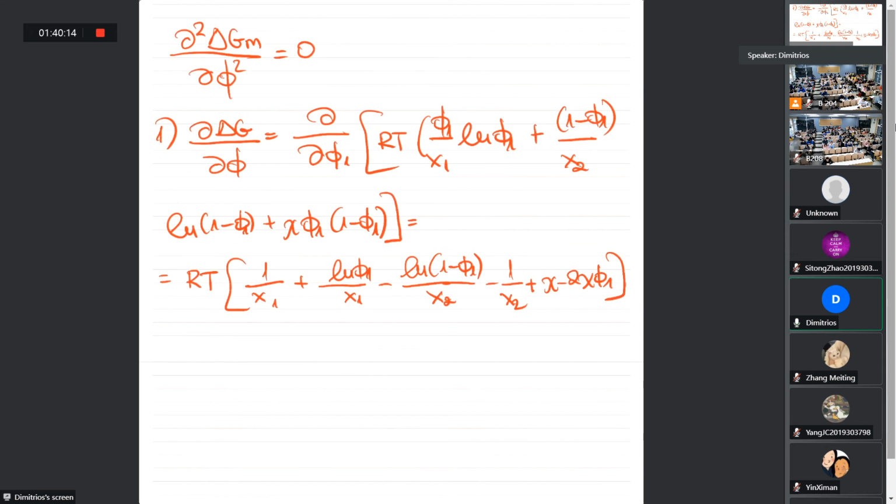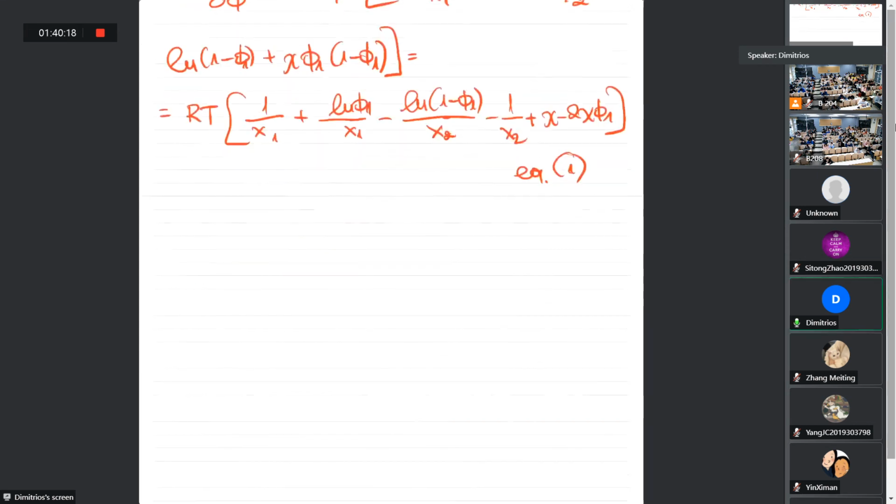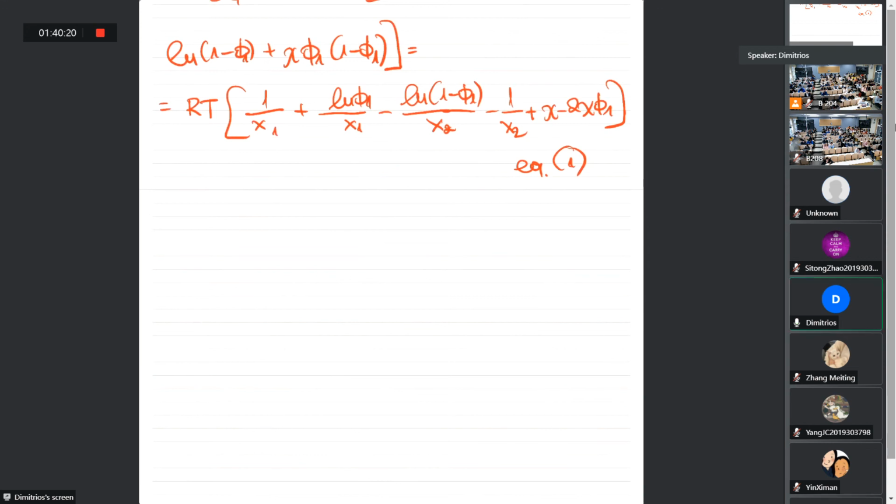Okay, so this is equation 1. Now we need to derive again equation 1 in order to get the second derivative to define the spinodal point, okay? So second derivative, I'll only do this for the spinodal point. I won't be doing it for the critical temperature.